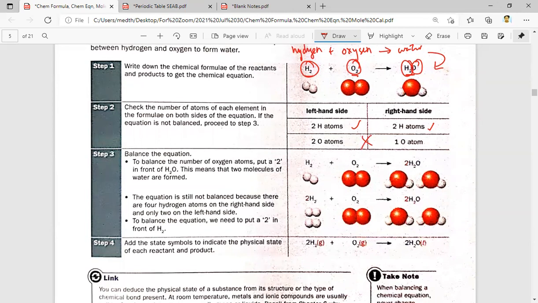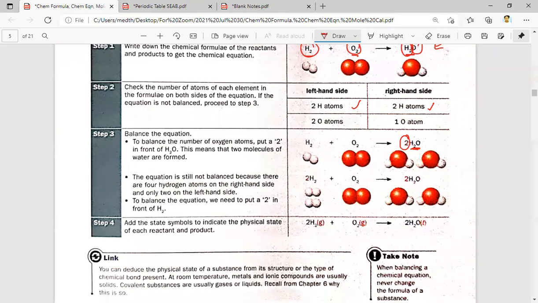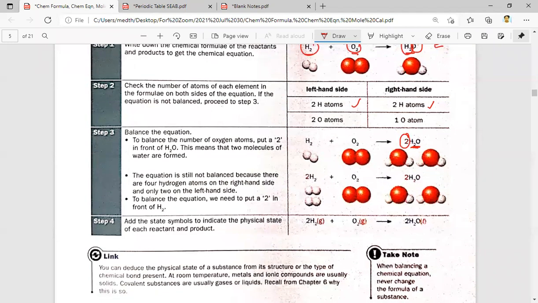So what should I do to balance it? You cannot just go and put 1, 2 anywhere in front and say, okay, balanced. Take note, whenever you're balancing an equation, you need to write a big number in front of the whole chemical formula. So what exactly are we doing when we make a big 2?